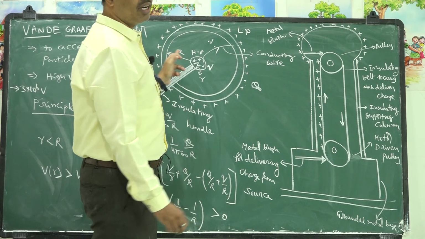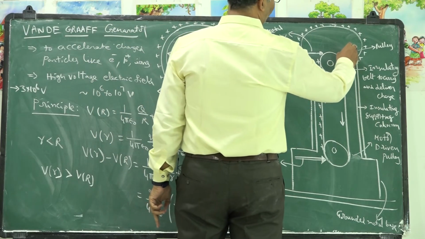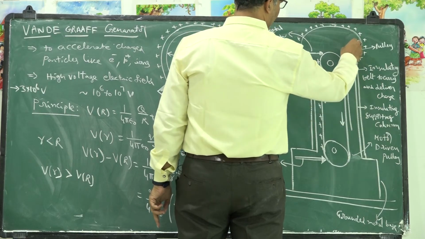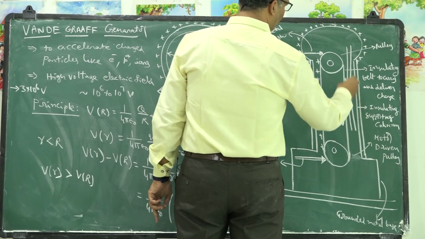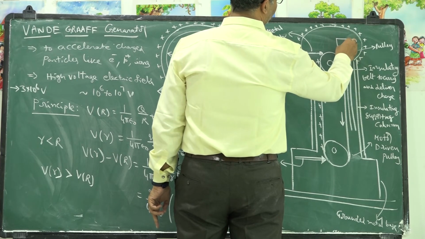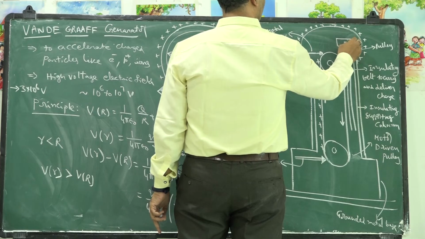Whatever charged particle you want to accelerate, we will take in the form of a metal column like this. In this metal column, we will keep the source of ions here, the ion source.